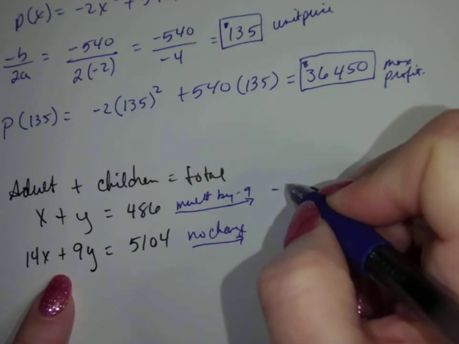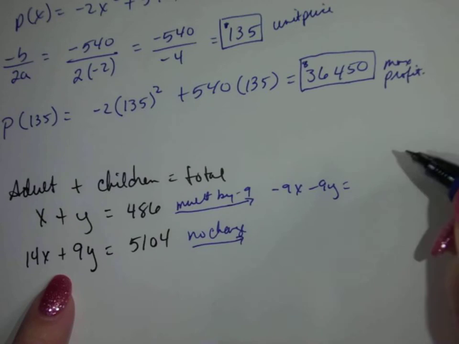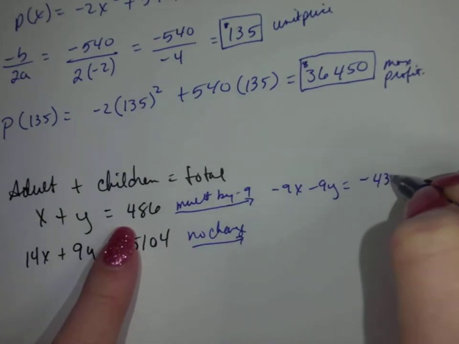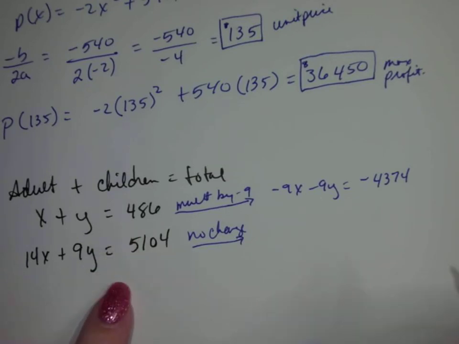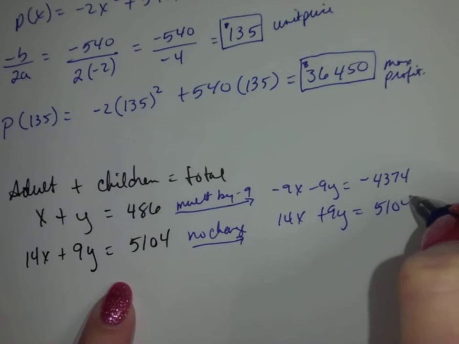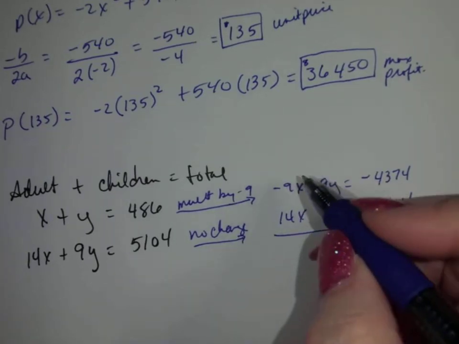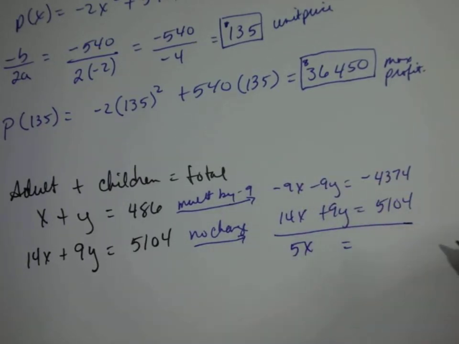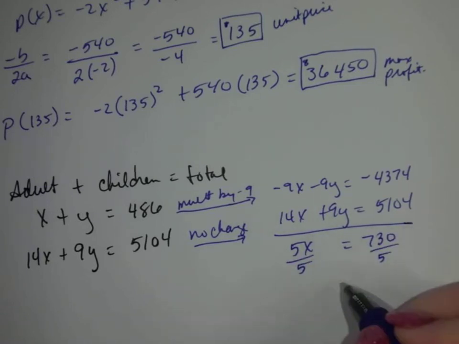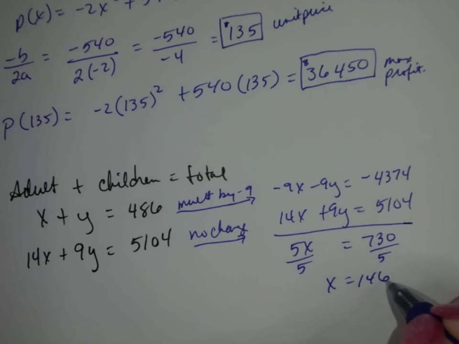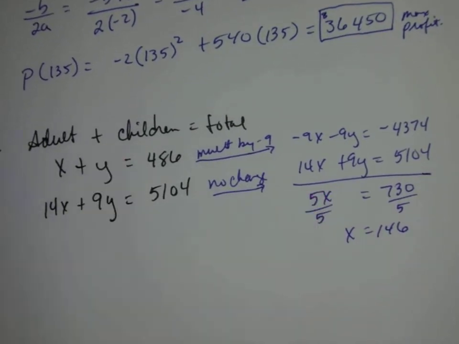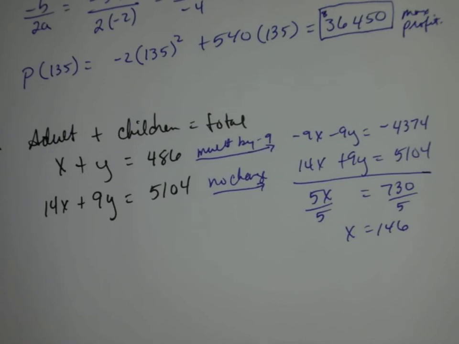All right, so this will be -9x minus 9y, and -9 times 486 will get us -4374. And then no change, we have 14x plus 9y equals 5,104. When we add these, we get 5x equal to 730. Divide by 5, and x equals 146. So we found how many adult tickets there are, because that's the 146.